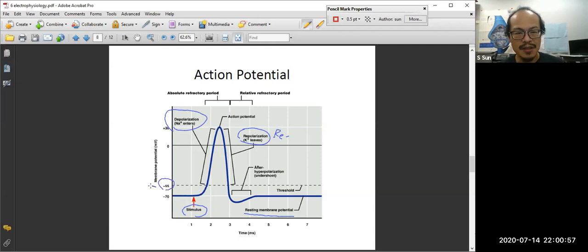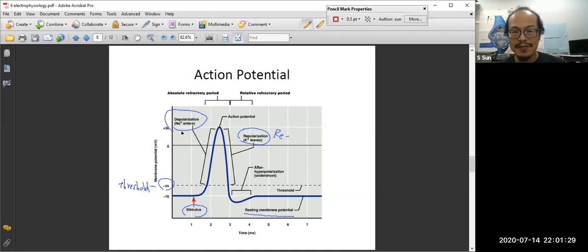So here is the threshold. Only when that stimulus is strong enough to make it go above the threshold will the membrane trigger an action potential. This action potential has two phases. One is the depolarization phase. Then we have the repolarization phase.